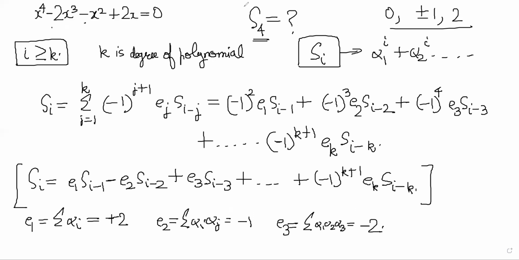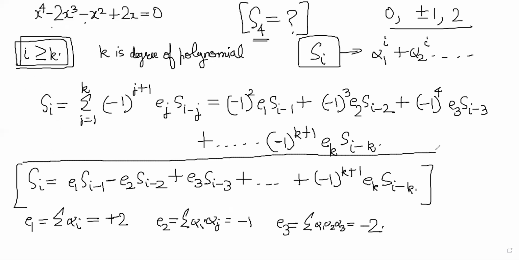Now, suppose I wanted to find S4, right? S4 fits the condition where i is equal to 4 and 4 is greater than equal to k, which is 4, right? So I have to use this result, correct? So for S4, what I will write is S4 is equal to E1 S3 minus E2 S2 plus E3 S1.